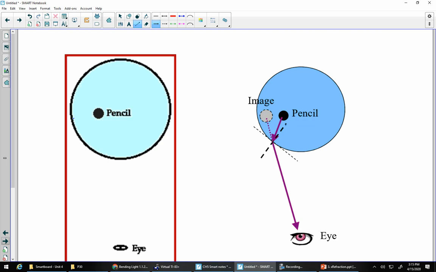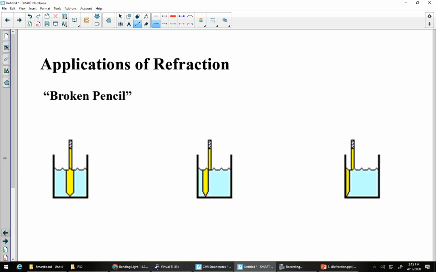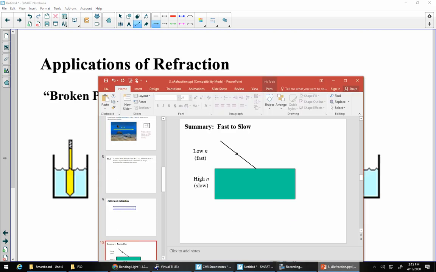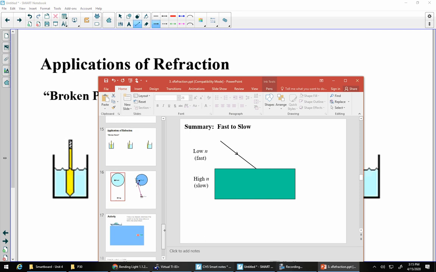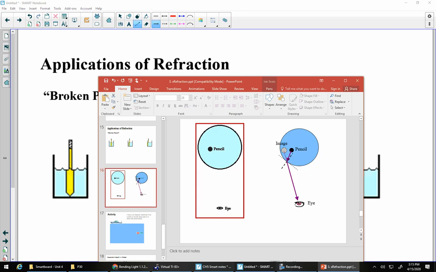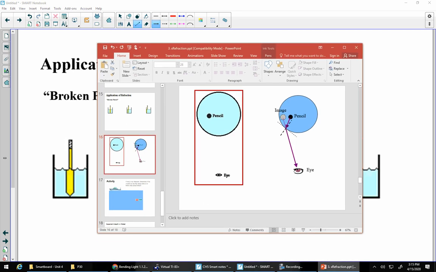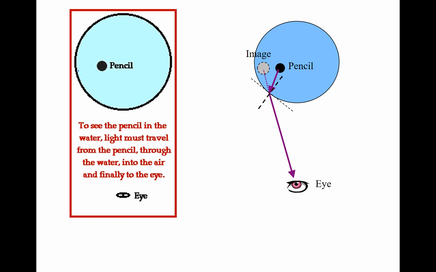So the broken pencil, and actually I think there's a bit of an animation for this one. So let's just be patient with me here. There we go. And start this thing up. So essentially what happens here, is the animation working?